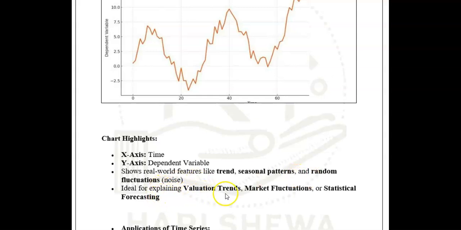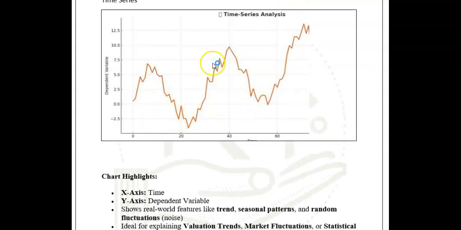Ideal for explaining valuation trend: how the property value is moving, how the land property rates are changing in the last 40 years, 50 years, 60 years. Sometimes the rate falls due to situations like war or economic failure or COVID or other issues or heavy rainfall, other force majeure. If the graph is going upward, the rate is rising.